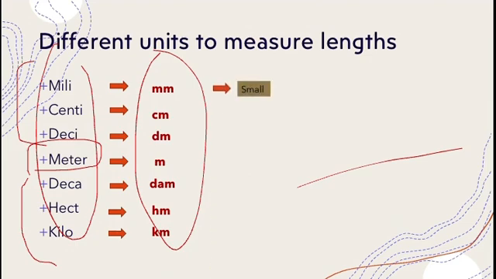It is used to measure small lengths, and kilometer is the bigger unit. From smaller to bigger, you reach up to kilometer. In between you find the centimeter, decimeter, meter, decameter, hectometer, and at the last, kilometer.